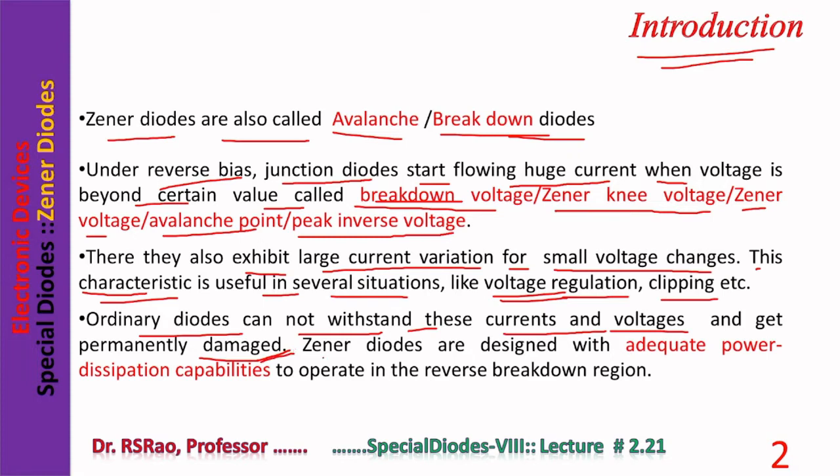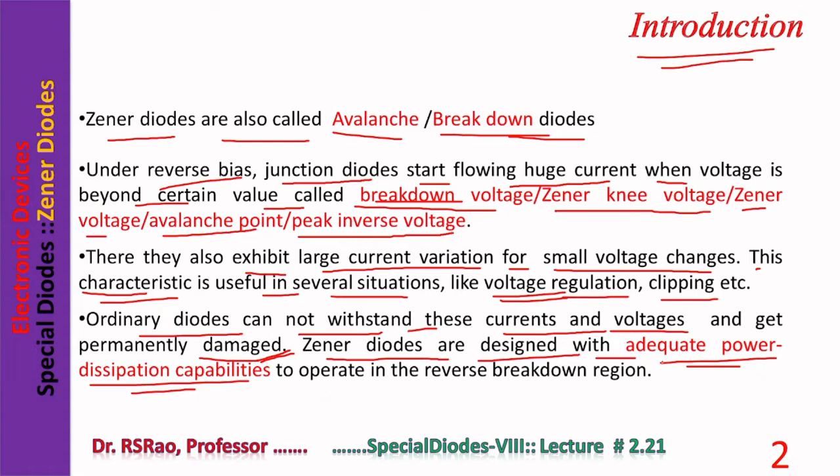But Zener diodes are designed, fabricated, made with such materials that they can withstand those high voltages and high currents. Zener diodes are designed with adequate power dissipation capabilities because of their design and the materials used.